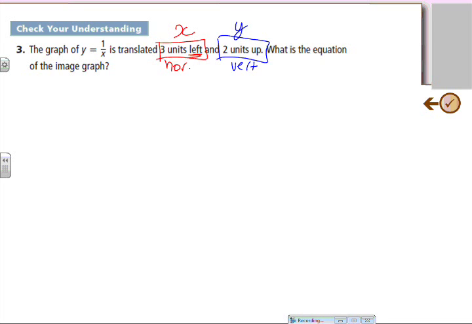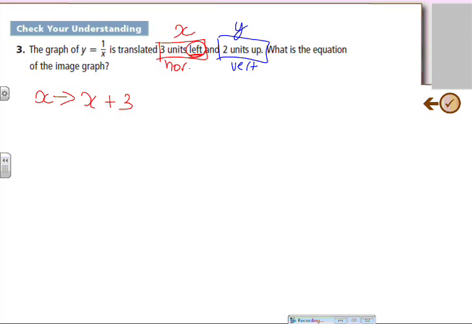The first one says, wherever you see an x, let's replace it with x, then 3, and it's plus or minus in the middle because it's a translation. X, because it's horizontal, affects the horizontal. And if it's going left, we do the opposite. Left to the negatives, we do the additive inverse, plus 3.